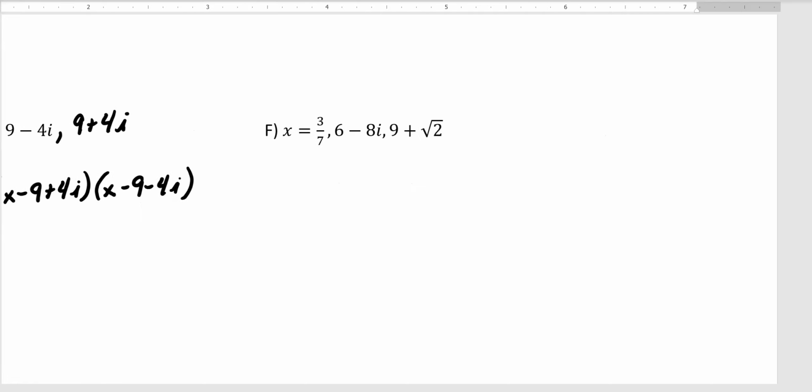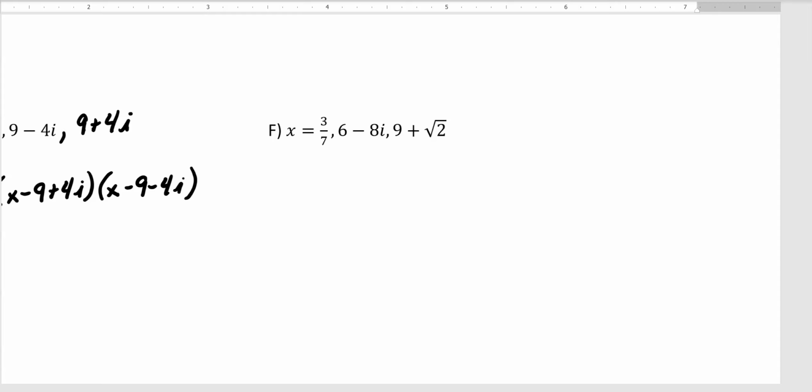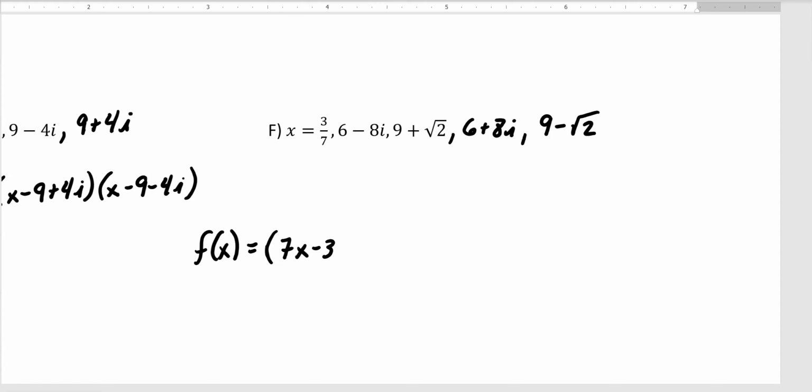Oh my gosh, look at all of these factors that we're going to have. 3/7, 6 minus 8i. Well, if 6 minus 8i is a zero, 6 plus 8i is a zero. 9 plus the square root of 2. If 9 plus the square root of 2 is a zero, 9 minus the square root of 2 must be a zero. So let's make our factors here. So we have f of x equals 3/7 would be, what, 7x minus 3. 6 minus 8i would be x minus 6 plus 8i.